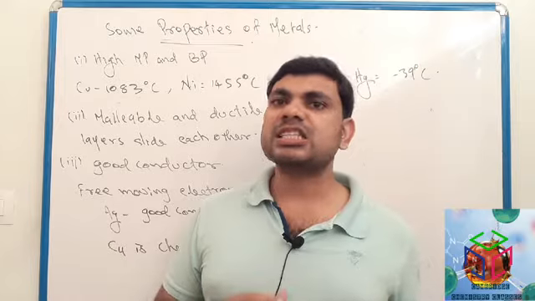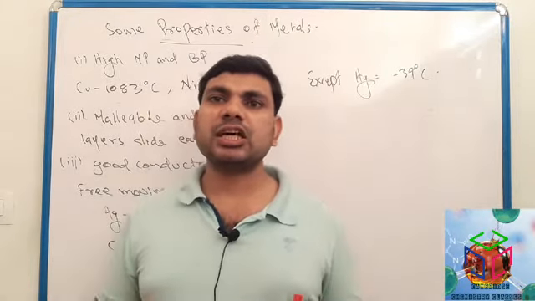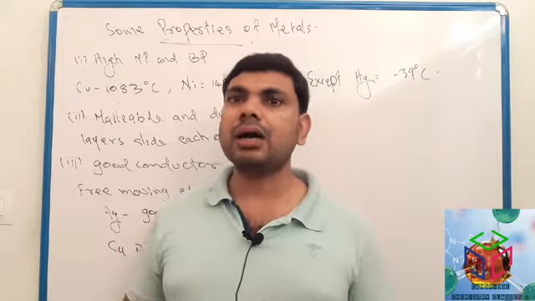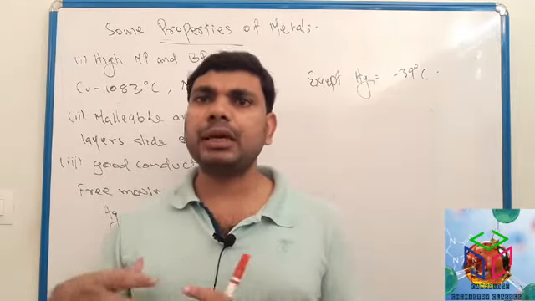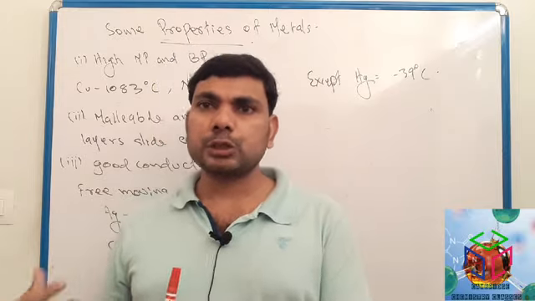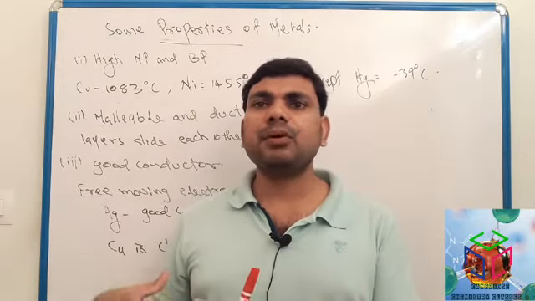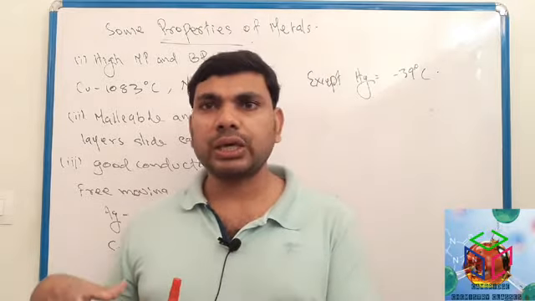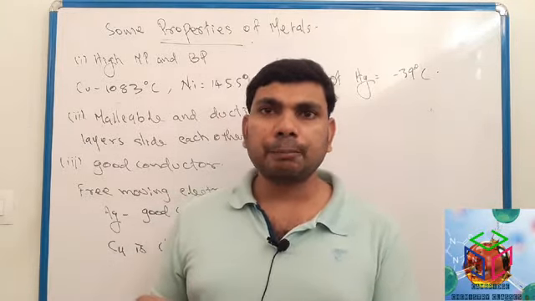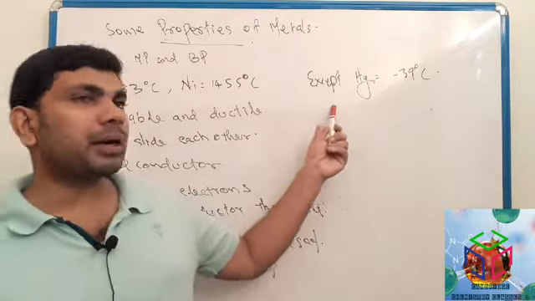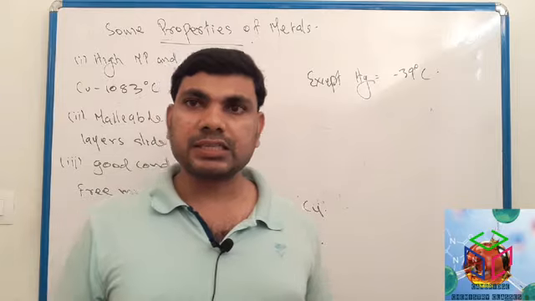But there are some exception cases, soft metals such as metals in group 1 and group 2. In the periodic table, metals in group 1 like sodium, potassium, and in group 2 calcium, magnesium, this type of soft metals show lower melting and boiling points. Also, mercury: its melting point is minus 39 degrees Celsius.